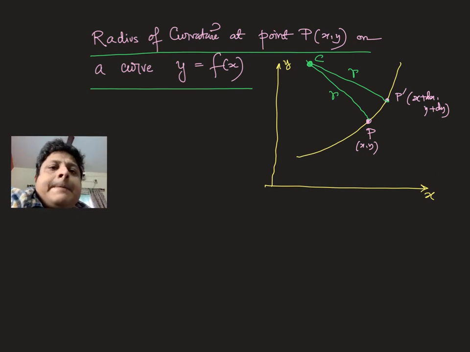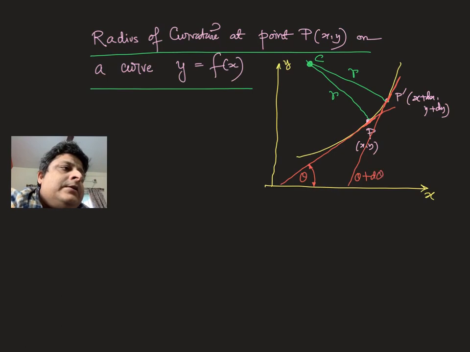So here you know that we can draw the tangents at point P. The tangent at point P makes angle theta with the positive direction of the x-axis, and the tangent at point P dash makes angle theta plus d theta with the positive direction of the x-axis.